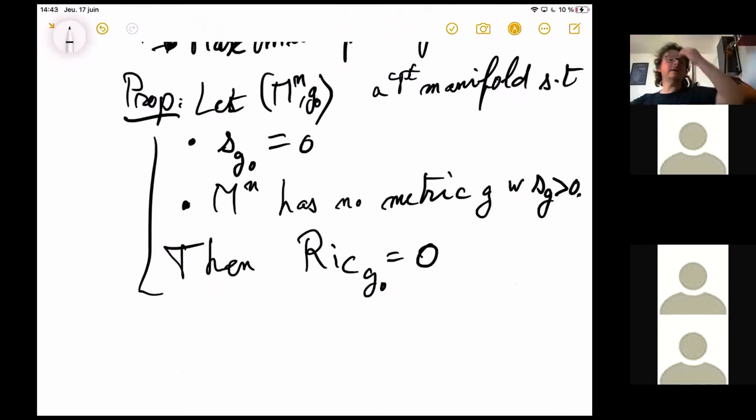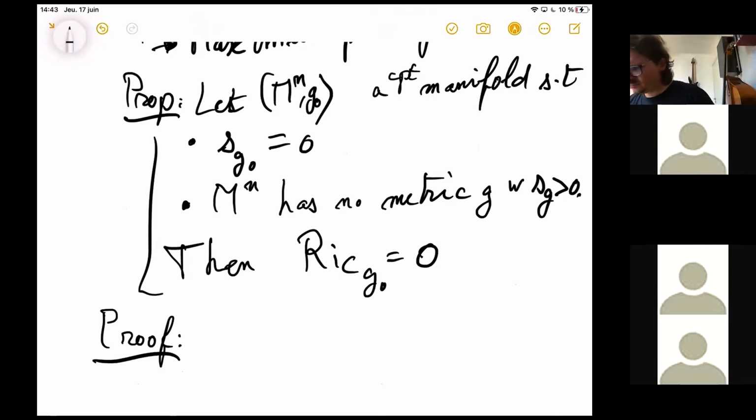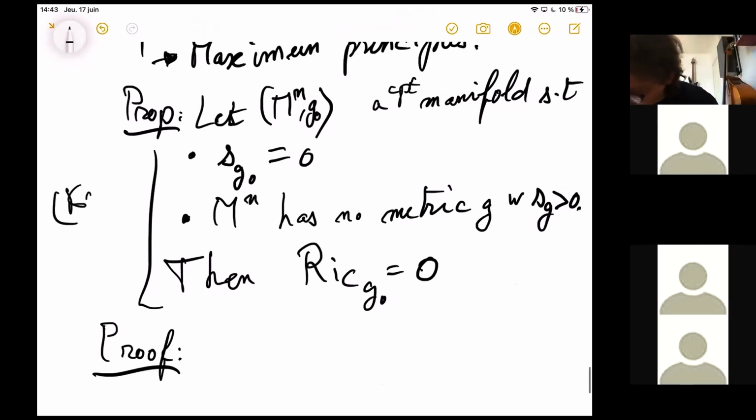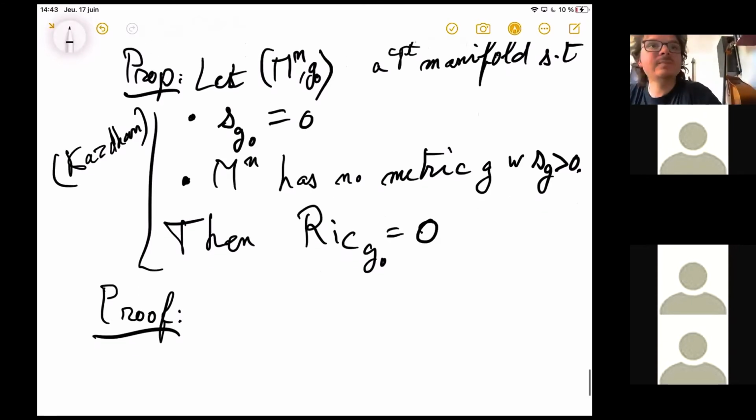Okay, so how can we prove that? I guess this is due to Kazdan, whose name I'm probably butchering the spelling of. So this is not the original proof of Kazdan. This is a later proof, because Kazdan proved that before Hamilton introduced Ricci flow in the early 80s.